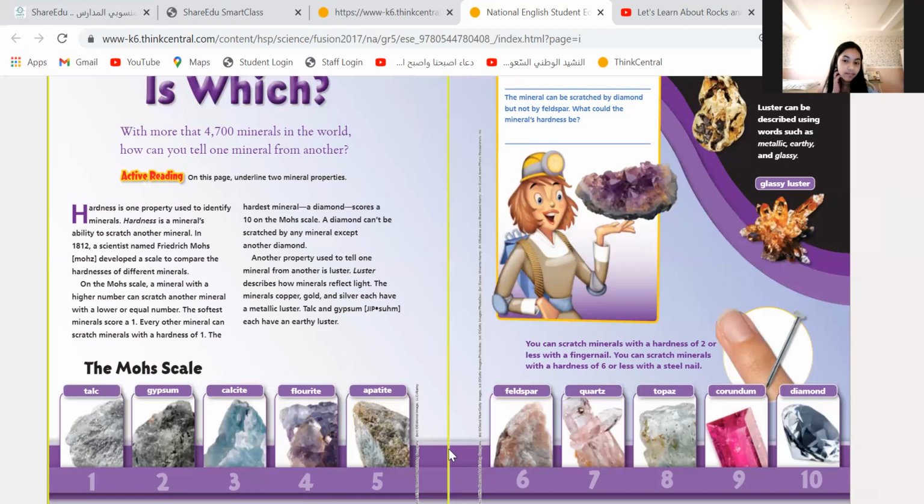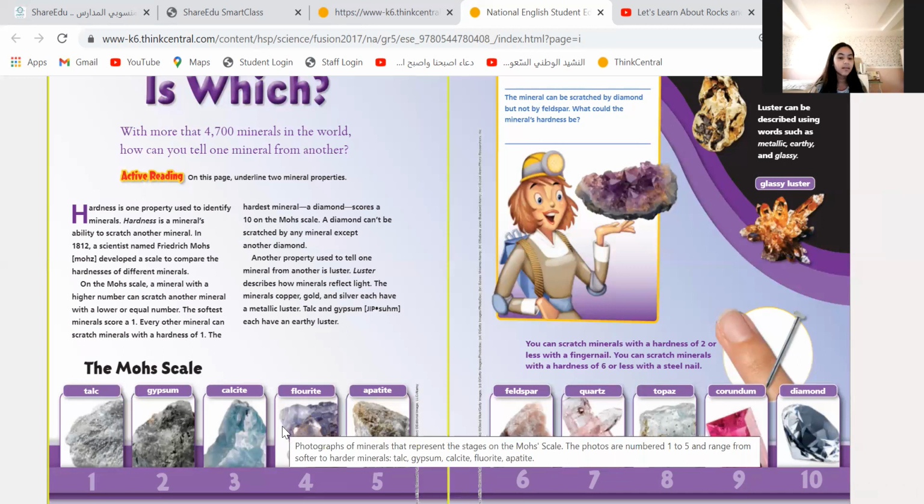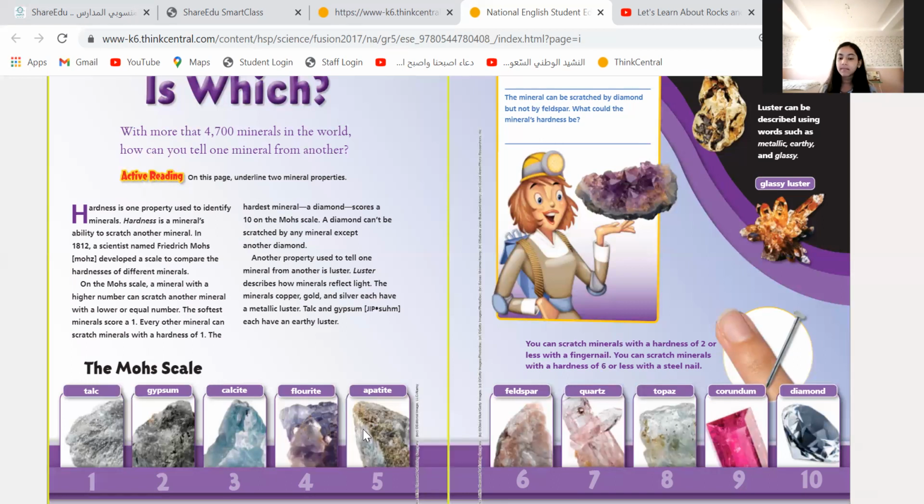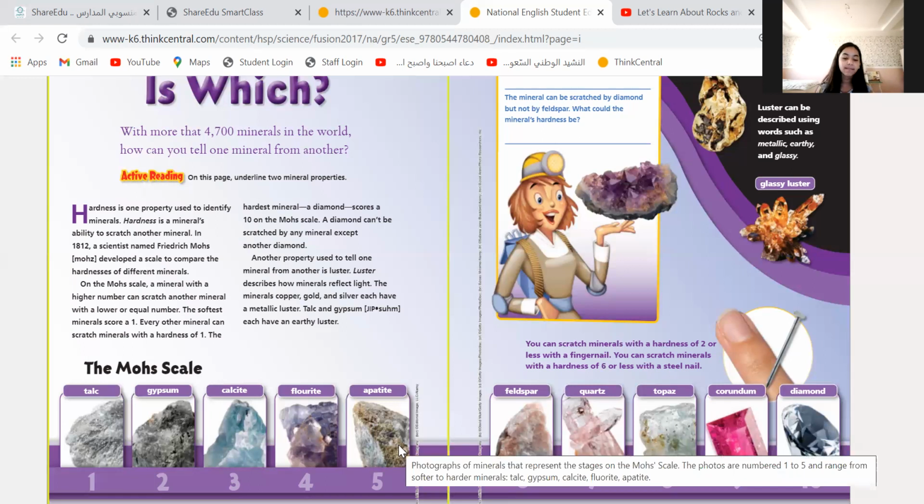There's another property used over here to tell one mineral from another. We call it luster. What is luster? Luster describes how minerals reflect light. So they are going to hold these minerals and they will see how they can reflect light.